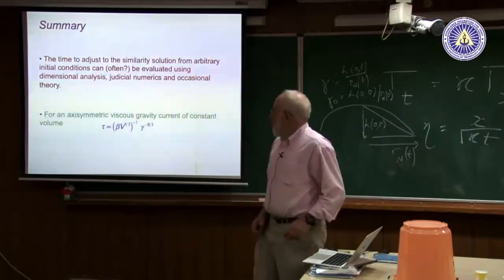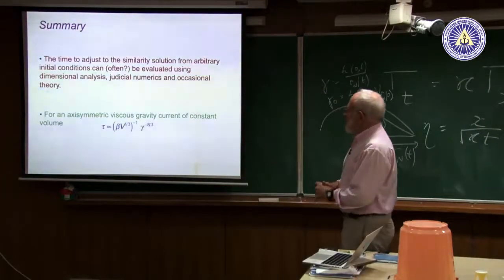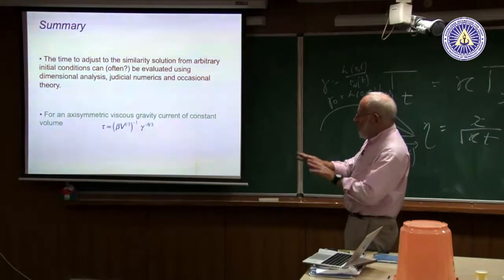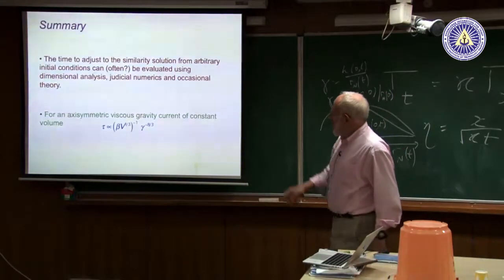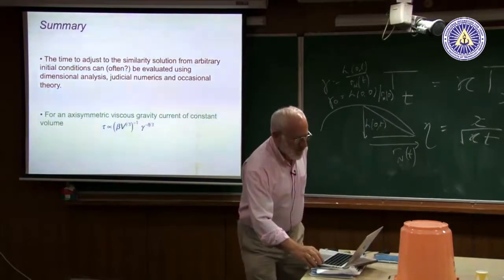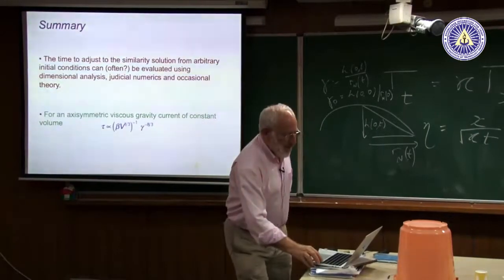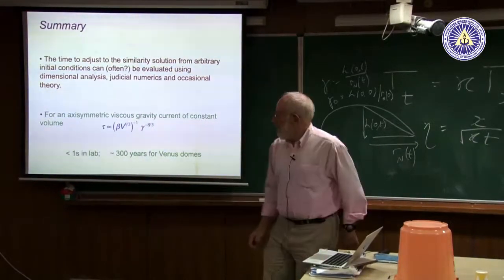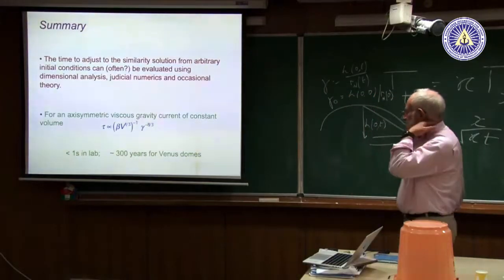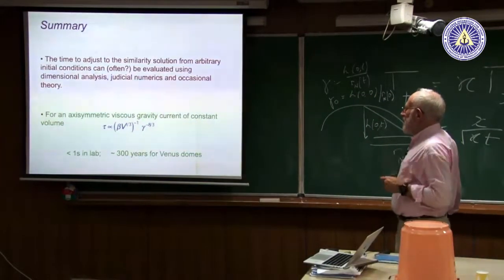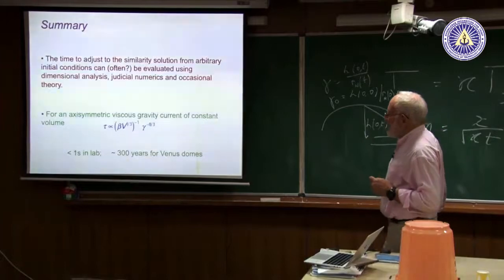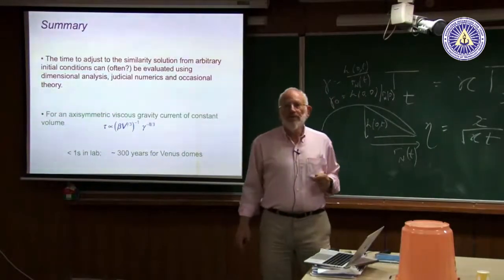And for an axisymmetric viscous gravity current with constant volume, but there are a number of different problems that can be done, the relationship looks like this, and I maybe should have added divided by p, the percentage error, and it's considerably less than a second in the lab, and about 300 years for the Venus domes.